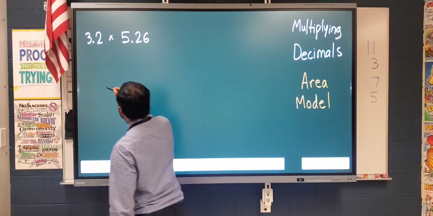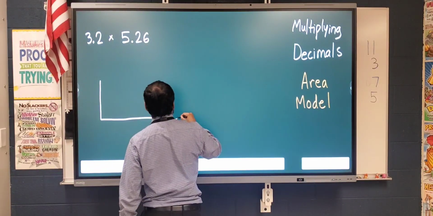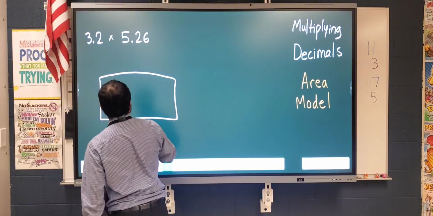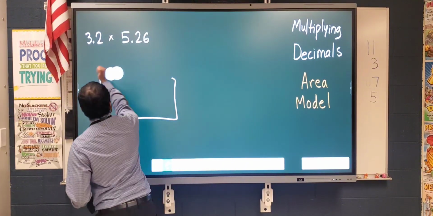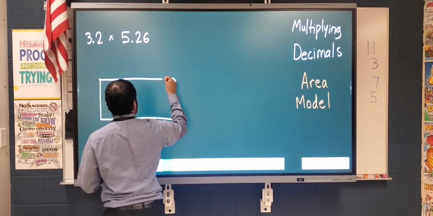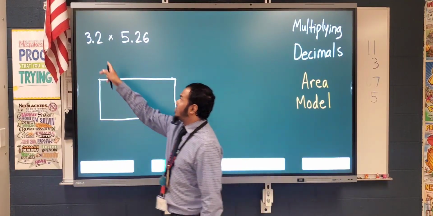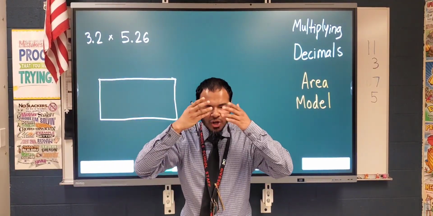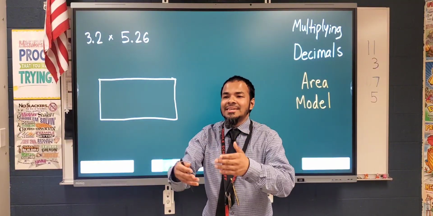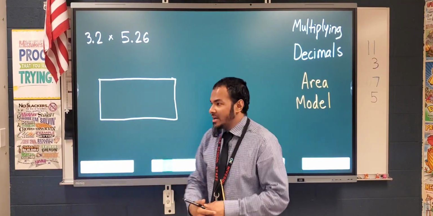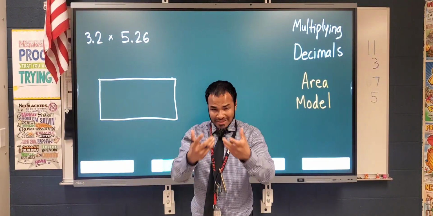And that calls for a rectangle. So I'm going to go ahead and draw a rectangle. After drawing the rectangle, remember, I'm ignoring the decimal. So that 3.2, I can see as 32. And if it's 32, I'm going to split that up.